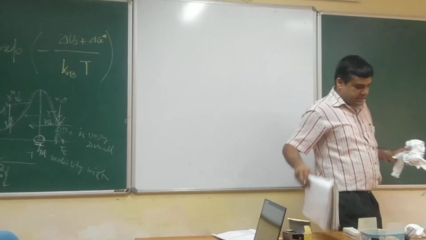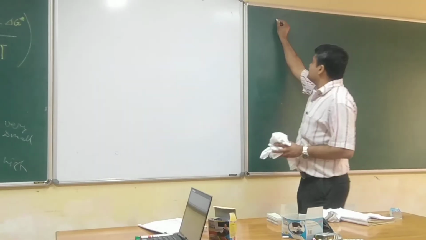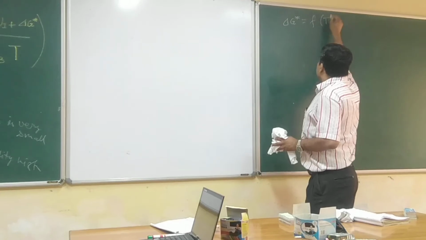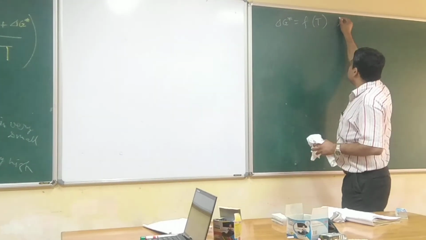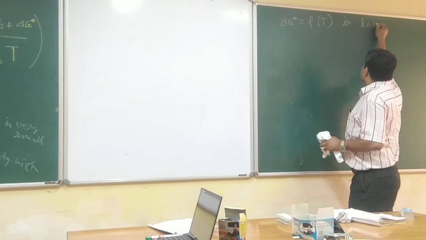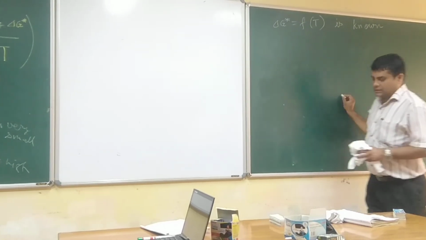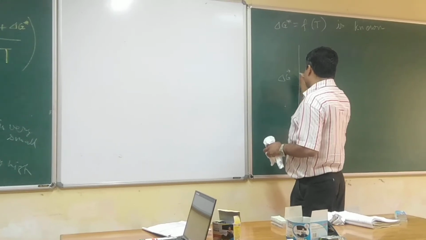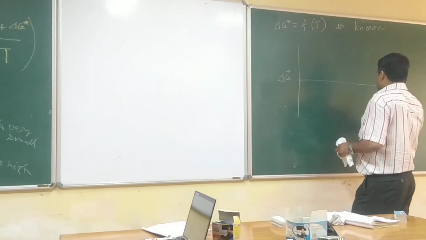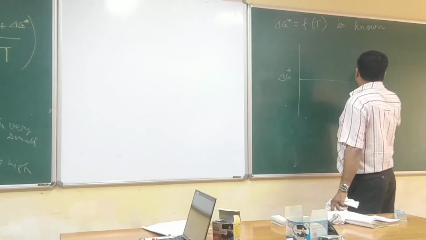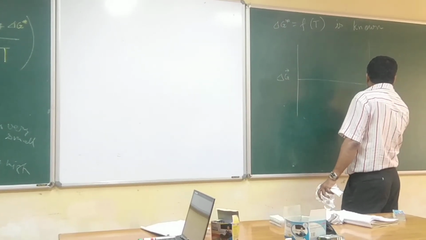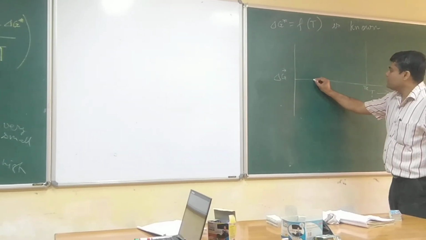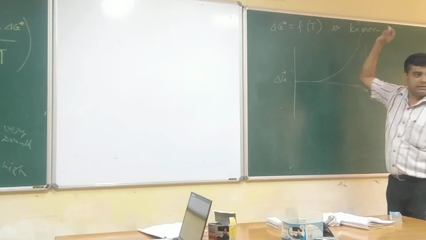If you know the delta G star as a function of temperature, then you can plot it where delta G star is on the y-axis and temperature is on this axis, and at T equal to Te, your delta G star is infinity. So it will go something like this.